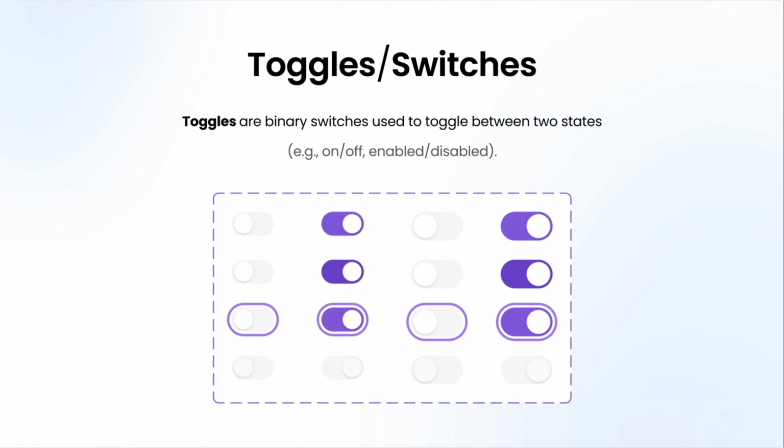And last but not least, and we have many more to cover, are going to be the cards. And cards are essentially containers that group related information, typically with an image, title, and description.